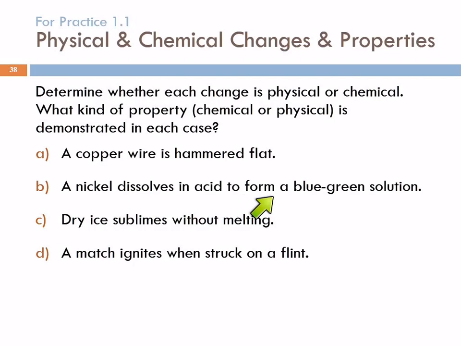To form. That's your clue. This is changing. It's doing this and it's forming something else. The nickel is no longer nickel atoms. It's being converted into nickel ions in the solution. So is that a chemical property or a physical property that nickel will dissolve in acid? It's chemical. If it's a chemical change, it's going to be a chemical property.